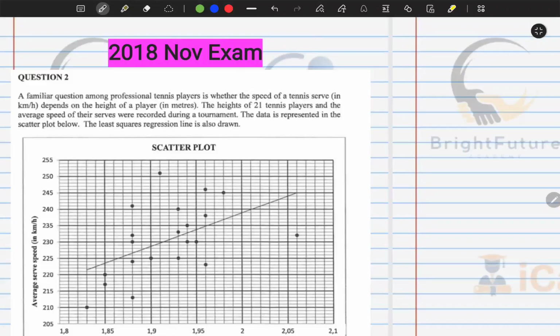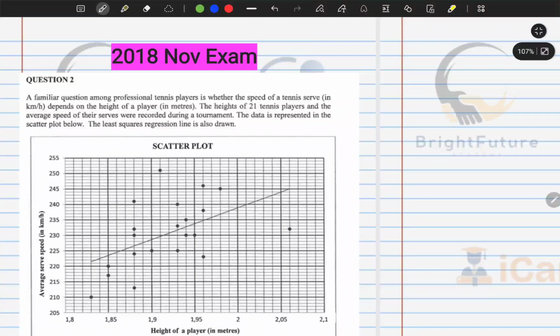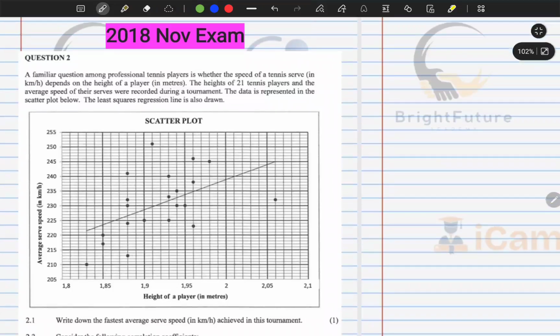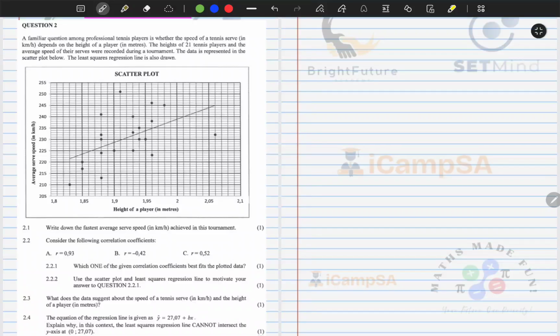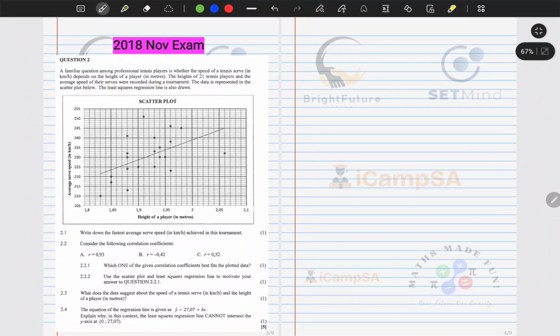The data is presented in the scatter plot below. The least squares regression line is drawn, as seen here. The first question requires us to write the fastest average speed in kilometers per hour achieved in this tournament. So let's have a look at 2.1.